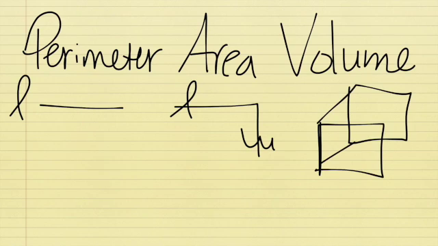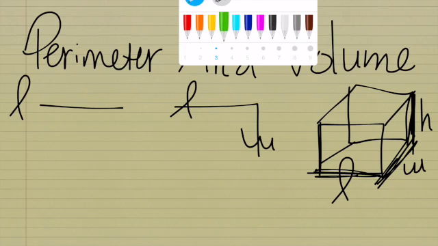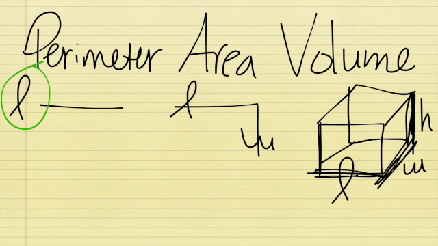To find volume, you need several things. You need a length, you need a width, and you need a, what's that called? The height. So you see here, perimeter, you only need one dimension. So a perimeter's measurements has a little 1, or usually we just write nothing because 1 of something is just that thing.